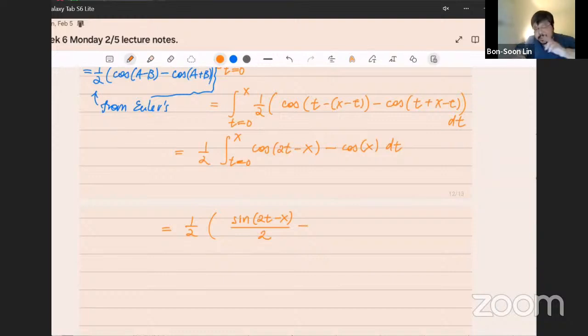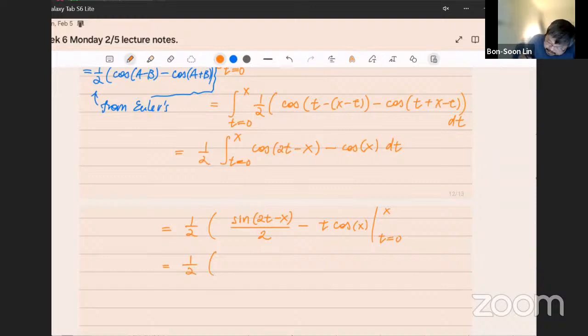Minus, what's the antiderivative, very careful, of cosine of x with respect to t? Cosine of x is a constant in this integration. So this is just t cosine of x, evaluated from 0 to x.